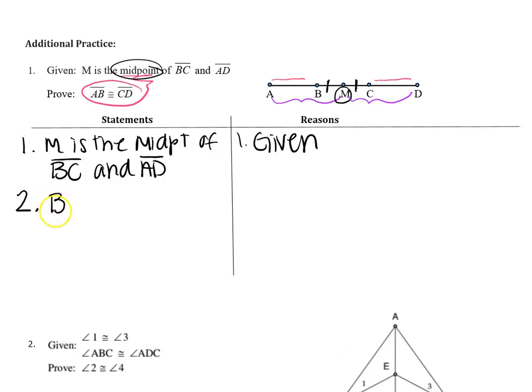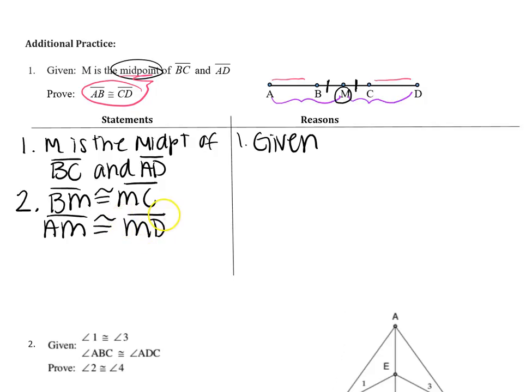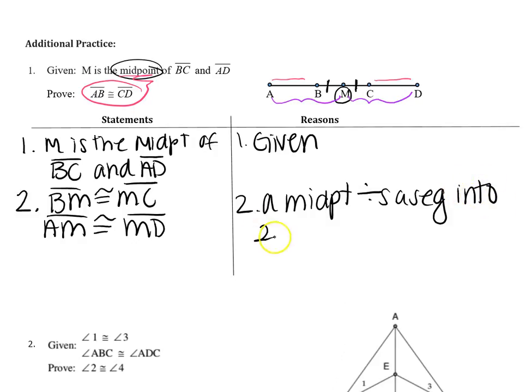I know from that statement that BM is congruent to MC, and I also know that AM is congruent to MD. And that's because a midpoint divides a segment into 2 congruent segments.